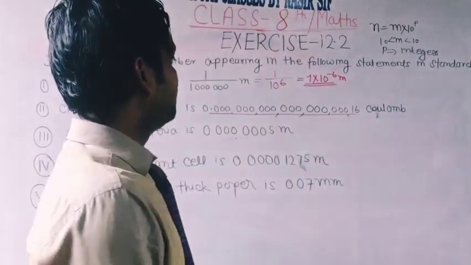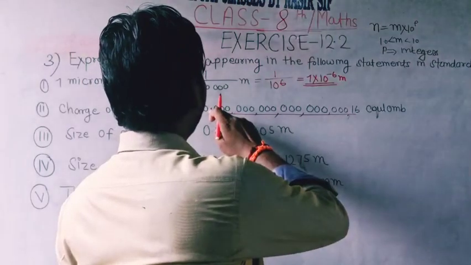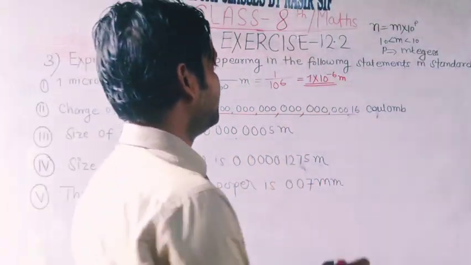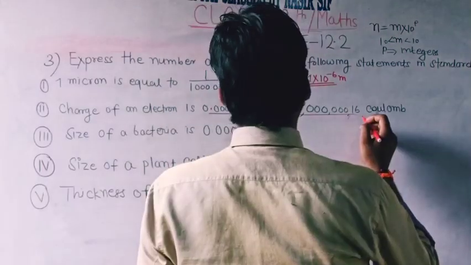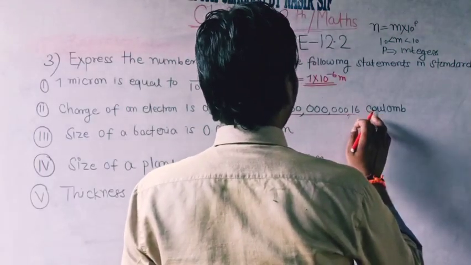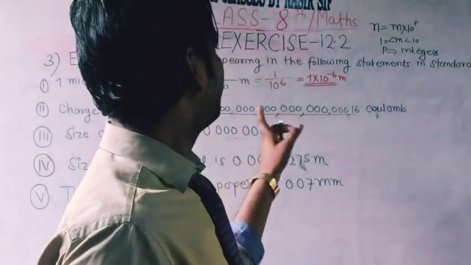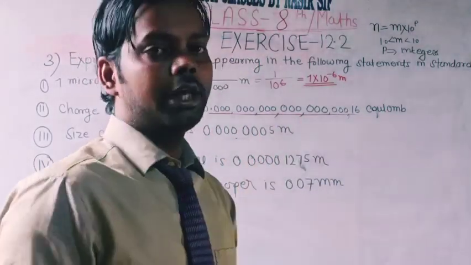If it moves from left to right, then the exponent of the base 10 is negative.